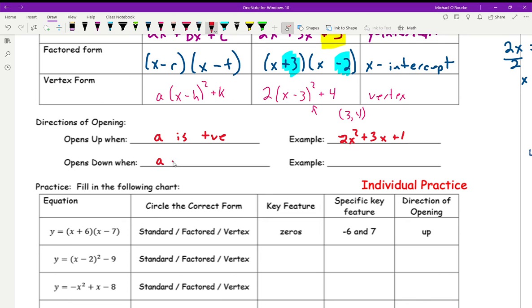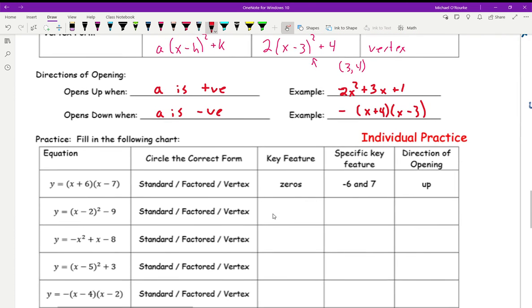But if the A is negative, such as negative x plus 4, x minus 3, it's going to go down. So if that leading number up here is negative, it's down. And if it was positive, it's going up.